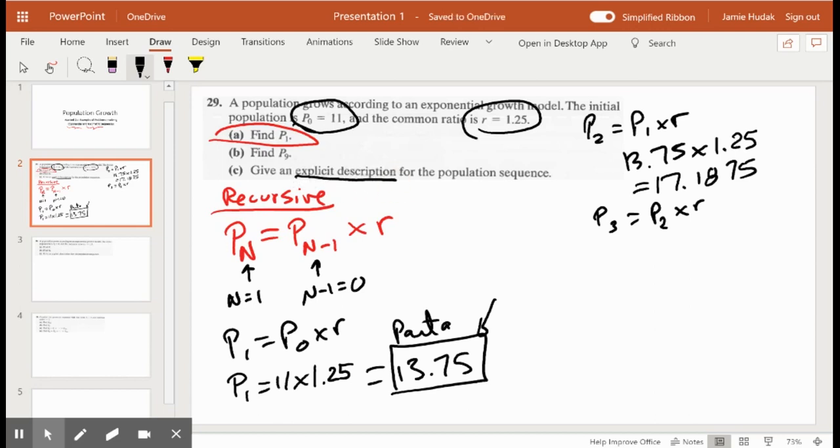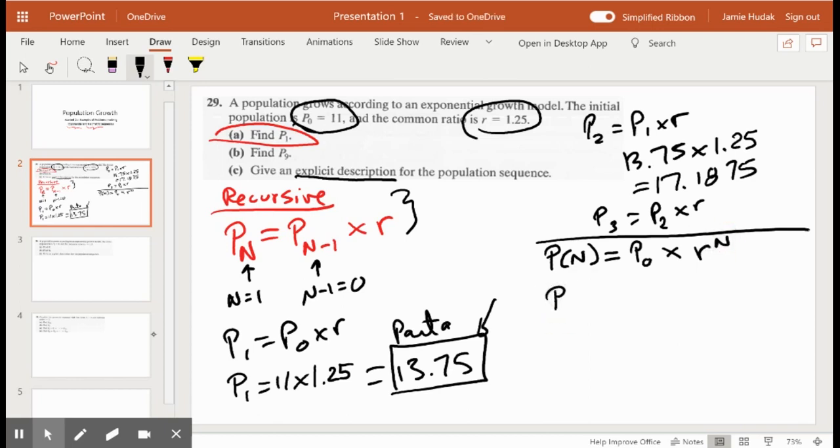C asks us for. So to change the recursive exponential model to the explicit, explicit means we write it as a function. So P as a function of n is equal to, and we're going to start with P0, our initial population, times the common ratio raised to the nth power. So our P as a function of n will be 11 times 1.25 raised to the nth power.